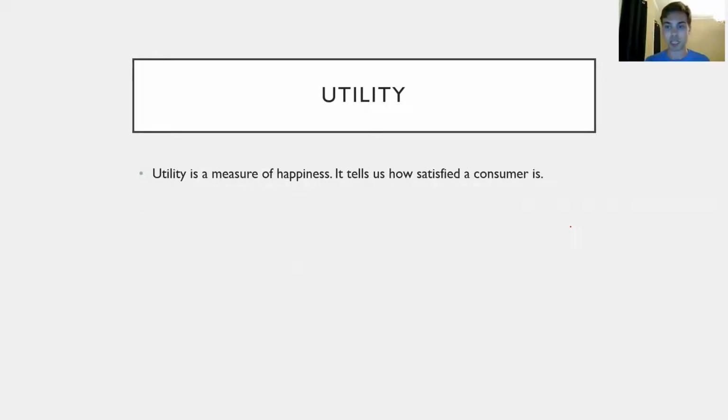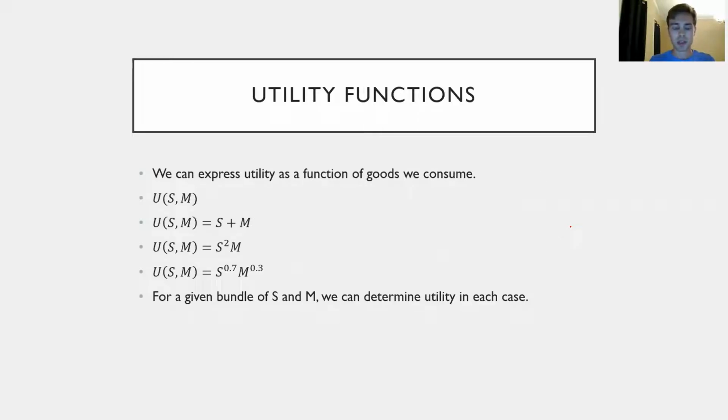So let's talk about utility, because this is going to be a key concept throughout this class and throughout the rest of your learning about economics. And so utility is just a measure of happiness. It tells us how satisfied a consumer is with a certain bundle of goods.